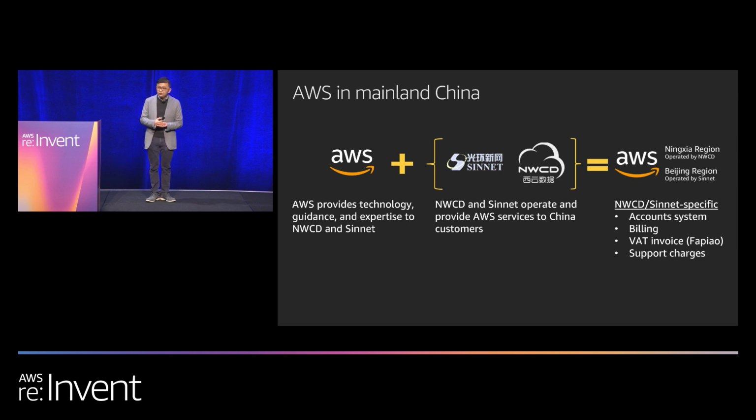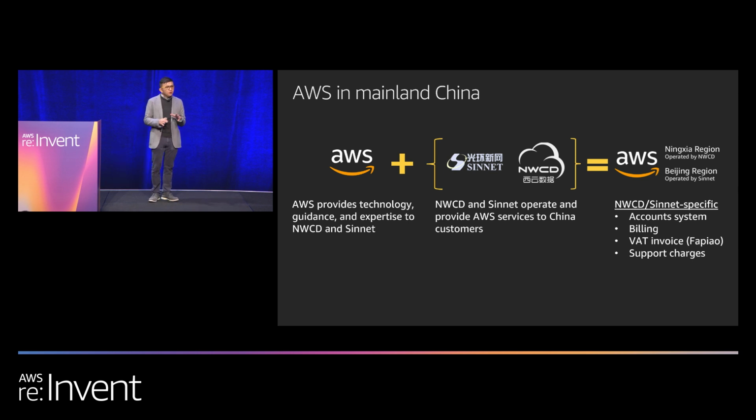We've selected 2 very reliable partners in Sinnet and NWCD. Sinnet is one of the largest listed hosting companies in China, and NWCD is founded by renowned entrepreneurs who are also bringing a lot of other famous services. It's founded by Albert Tian, who also brought companies such as LinkedIn and Evernote to China.